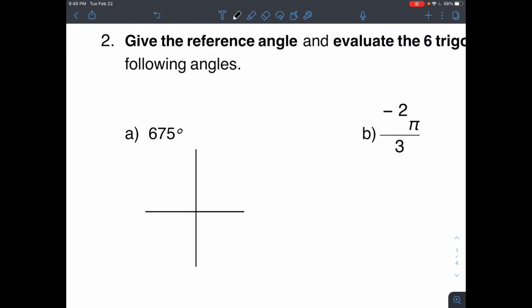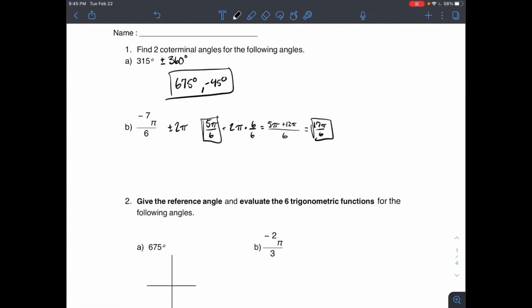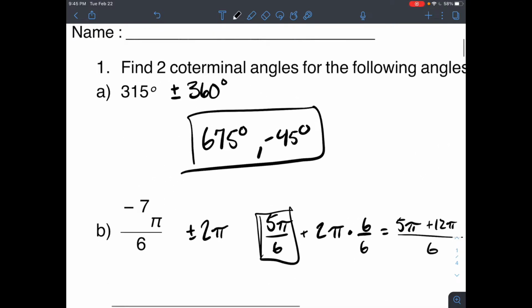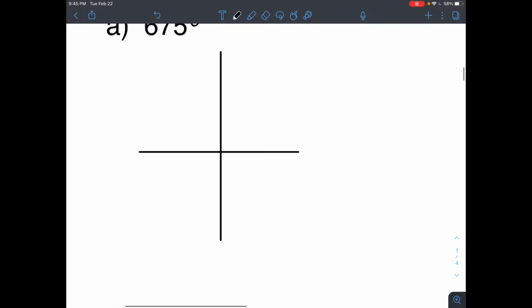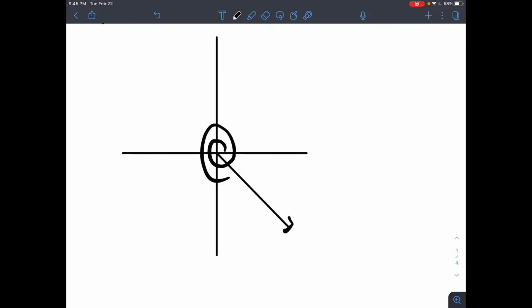So let's think of where 675 is. Actually, we just did a problem that 675 is coterminal up here to 315. So that's a little cheat we got going on here. So our angle is going to be down here at 315. Think about it's going around once, around twice.